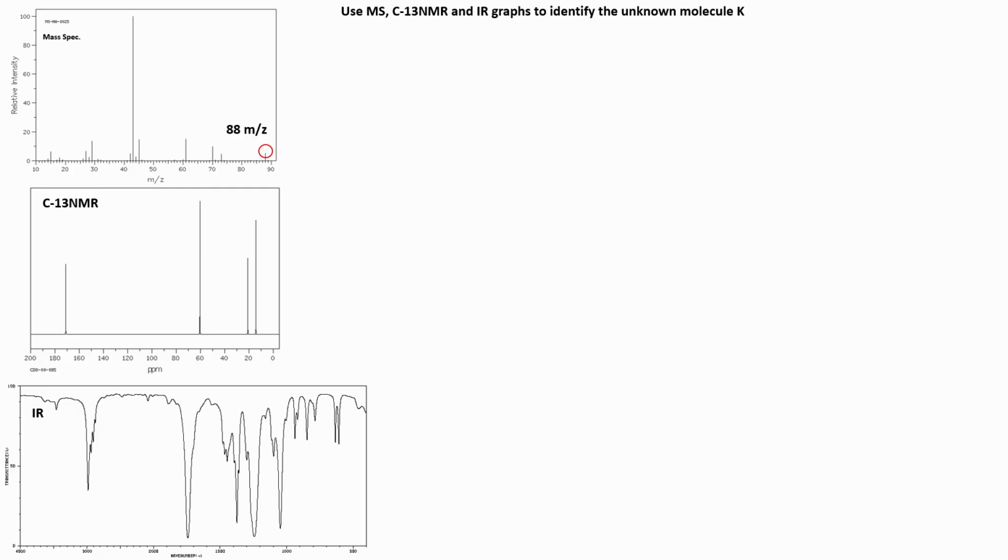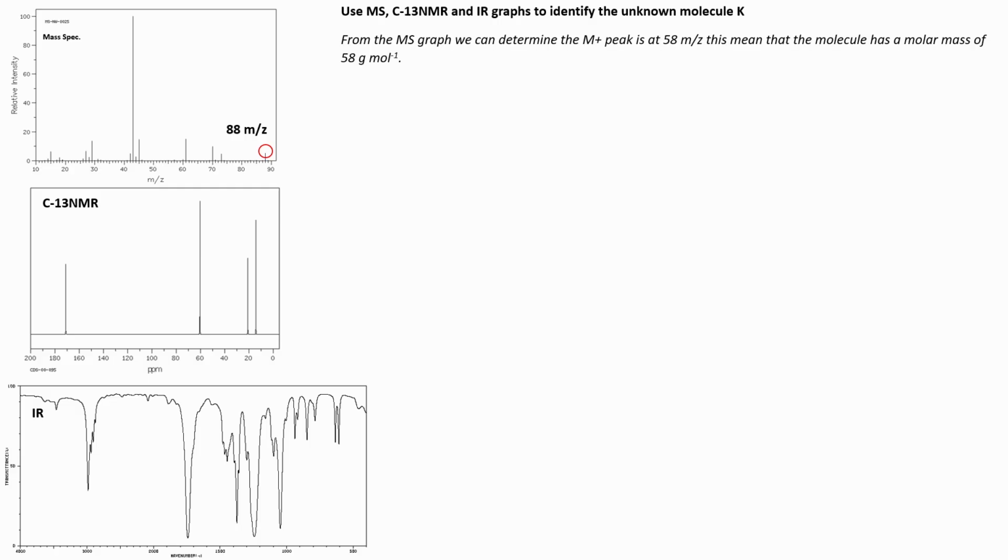It's the one most to the right, and in fact if we looked very closely at it, we'd see that there's a tiny M+1 peak just to the right of that peak, but we ignore that because that just arises because of extra mass caused by carbon-13 isotopes.